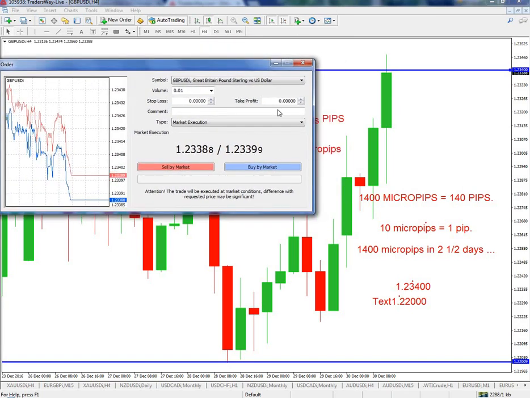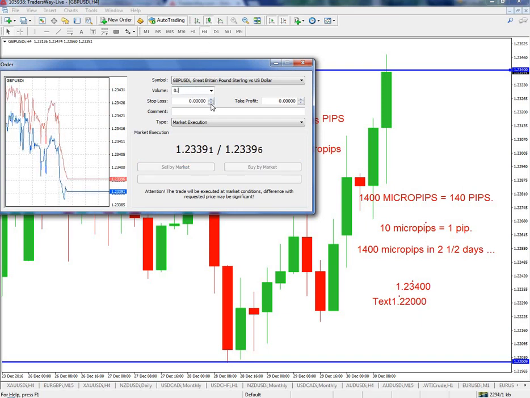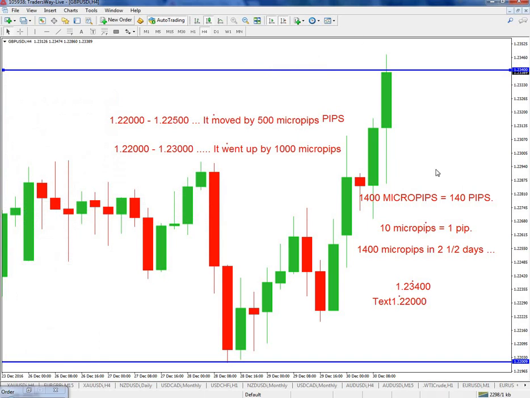So let's say, for example, I placed that buy down here at 1.22000. I placed a buy on a 0.10. If I placed a buy on a 0.10, that means for every micro pip, I'm going to make 10 cents.